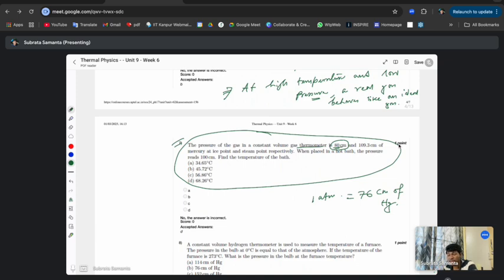You may ask why the pressure is in centimeter. Once you convert, we just divide 80 over 76, which gives you some atm. So that is equivalent to this.